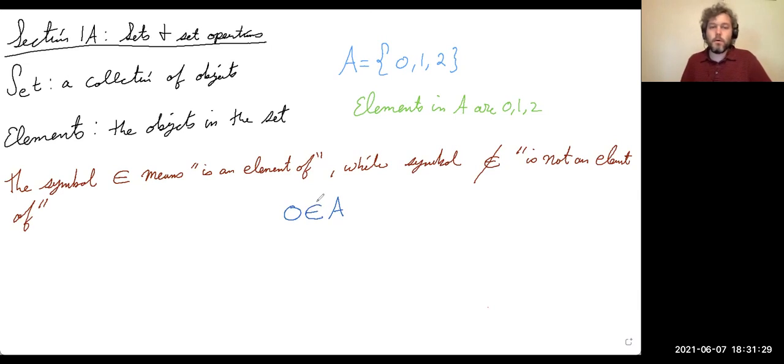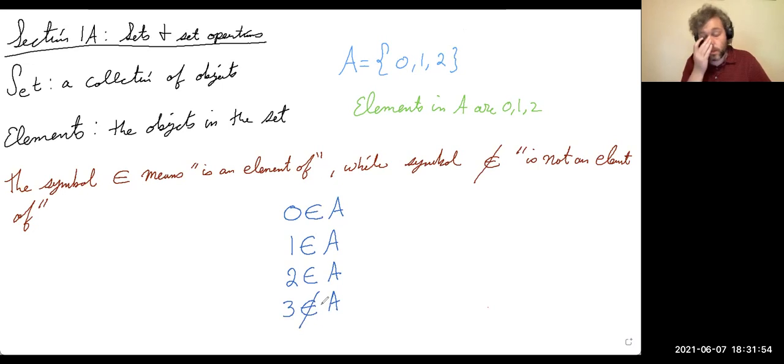It's saying that 0 is an element of A, meaning that 0 is an object inside A. I can also say 1 is an element of A, 2 is an element of A, but I could not say that 3 is an element of A because 3 is not inside this. So I would need to write the not an element of, because it's not inside.